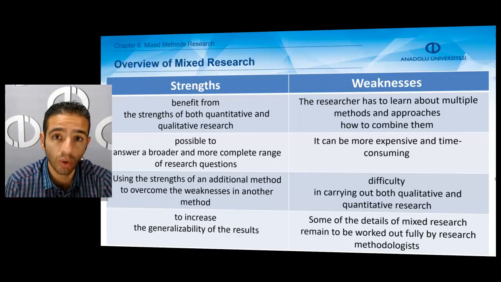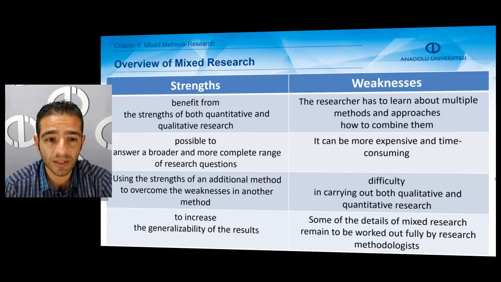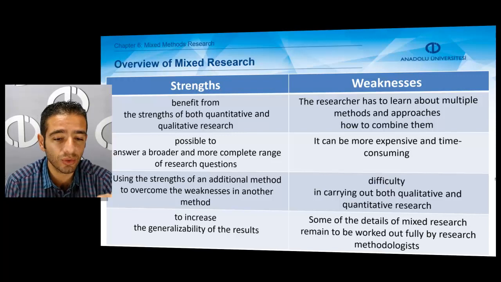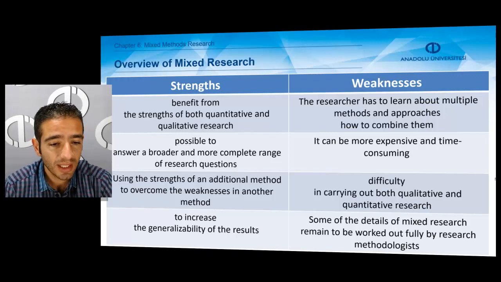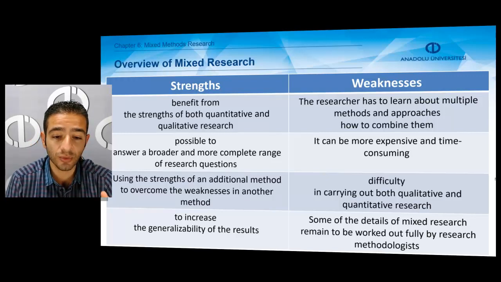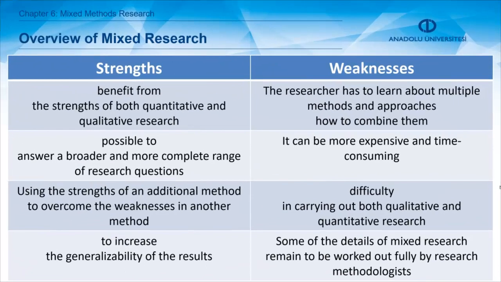They have their own strengths, and in mixed method research, we can benefit from those strengths. In addition to that, we can increase the generalizability of the results, and we can use the strengths of a method to overcome the weakness of another one, and we can also answer more research questions with the help of both qualitative and quantitative data.